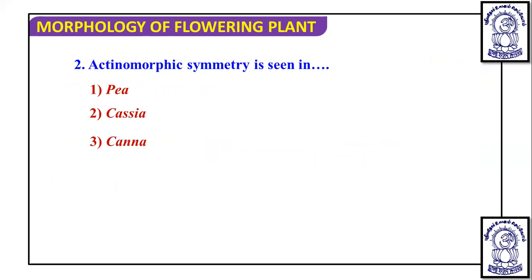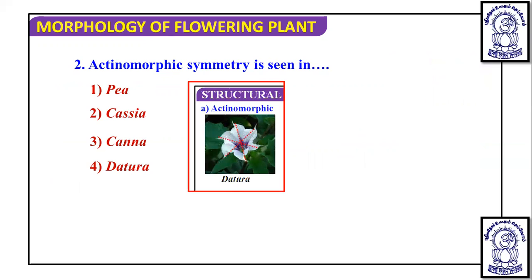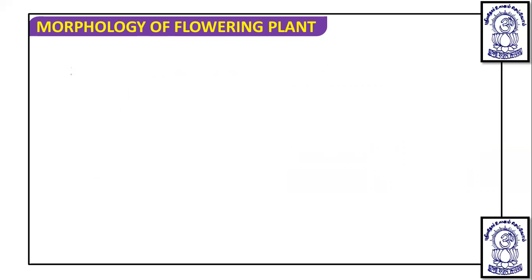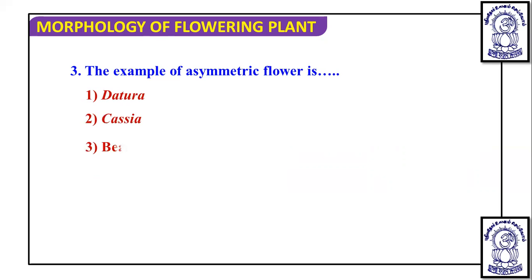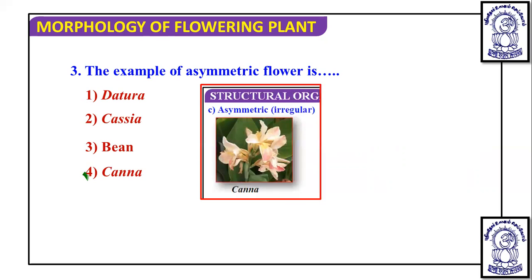So pea, Cassia and Canna are not going to be the answer. The remaining one is datura, and you will see actinomorphic symmetry in this, so that is going to be the answer. Pea and Cassia show bilateral or zygomorphic symmetry, whereas Canna shows asymmetry. Canna is an example of an asymmetric flower, as we have just discussed, so that is going to be the answer.